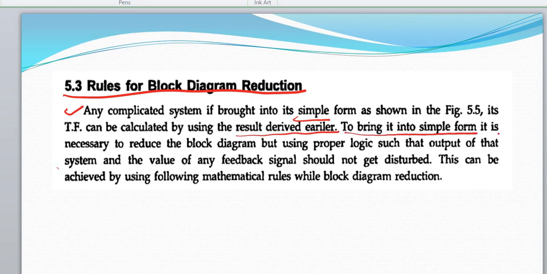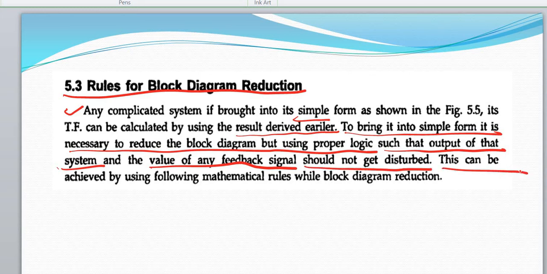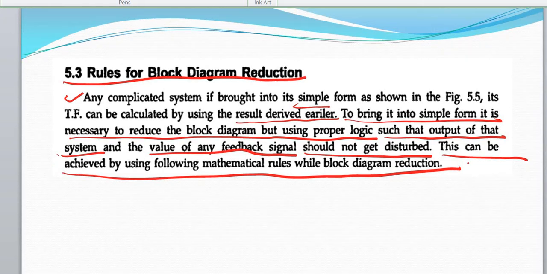To bring it into simple form, it is necessary to reduce the block diagram using proper logic such that the output of that system and the value of any feedback signal should not get disturbed. This can be achieved by using the following mathematical rules while reducing the block diagram.